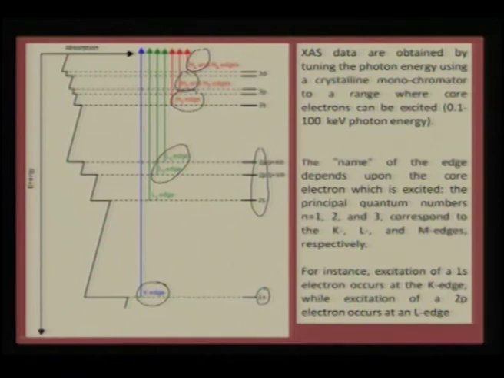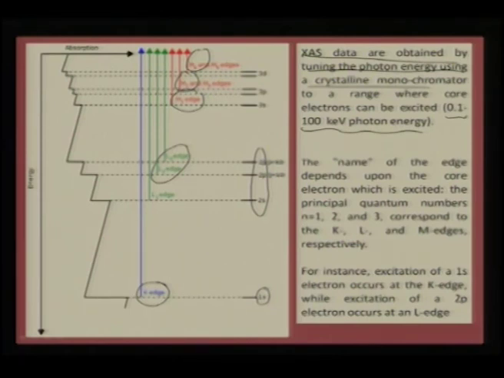XAS data are obtained by tuning the photon energy using a crystalline monochromator to a range where core electrons can be excited, and the range is typically of the order of 0.1 to 100 keV photon energy. Depending on the range, we can selectively try to knock out a particular core electron.